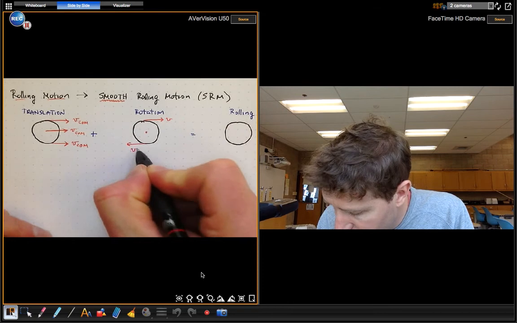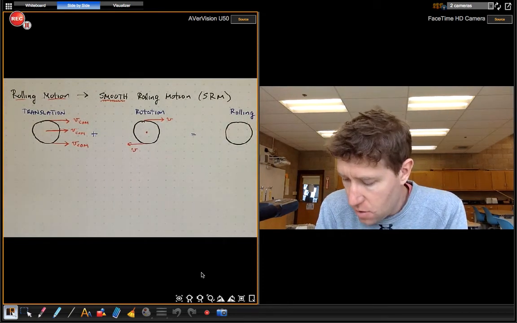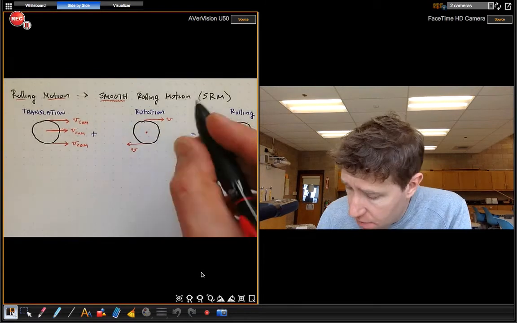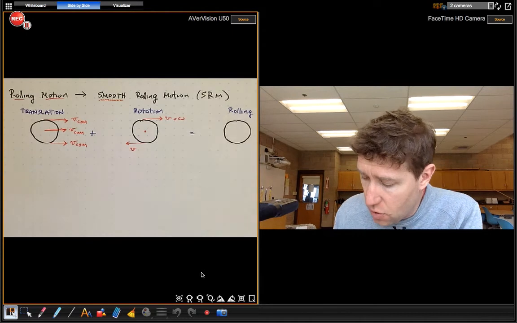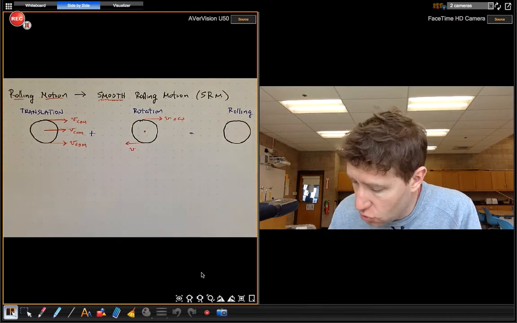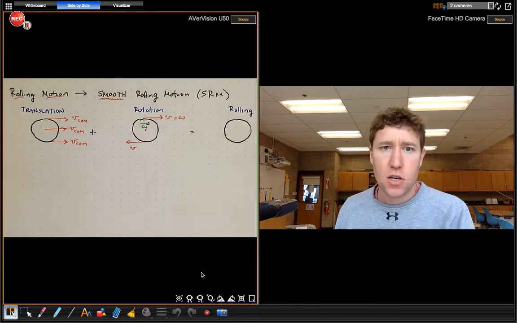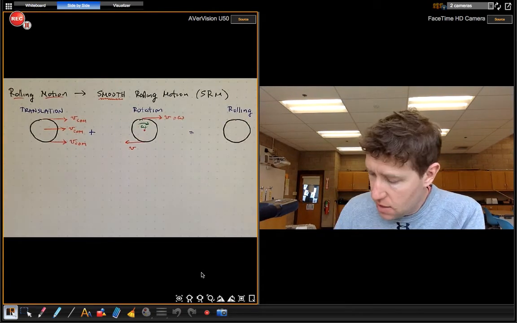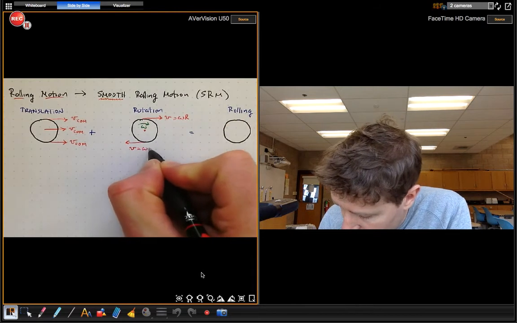They would both have velocities v because it's spinning. And that linear speed is equal to omega, the angular speed of this hoop, times the radius of the wheel r. So v equals omega r.